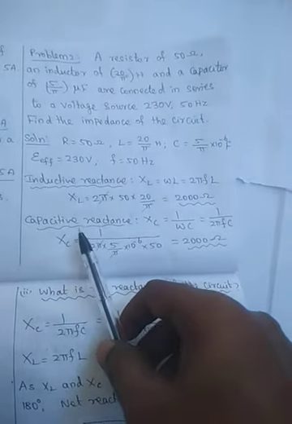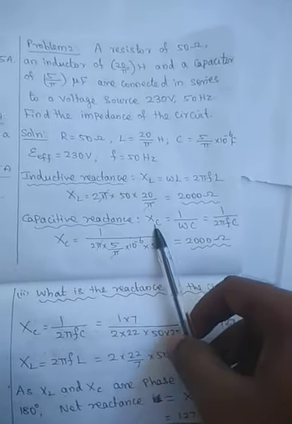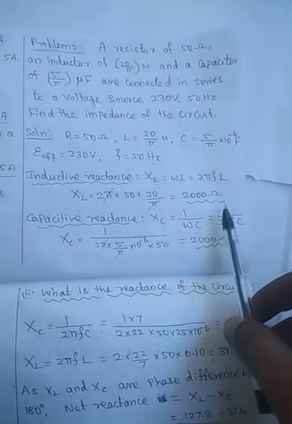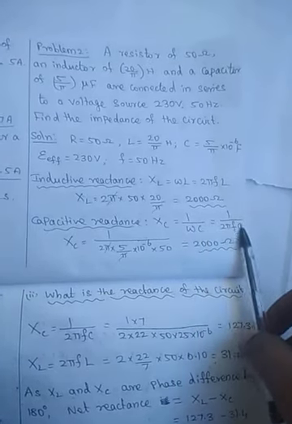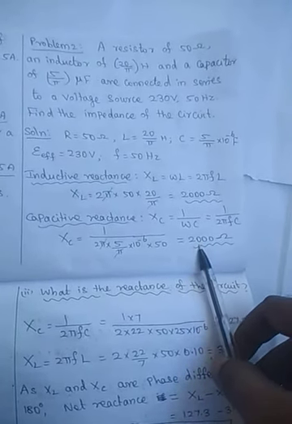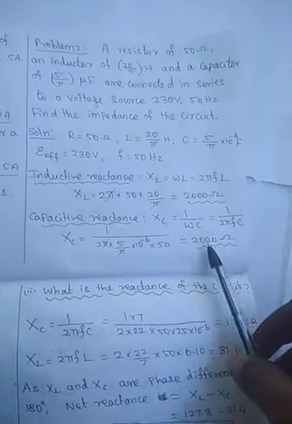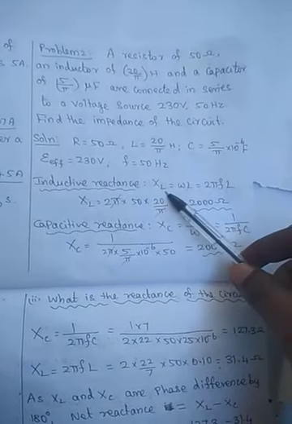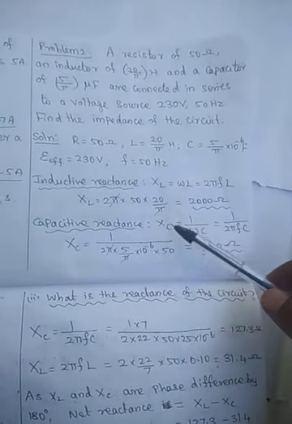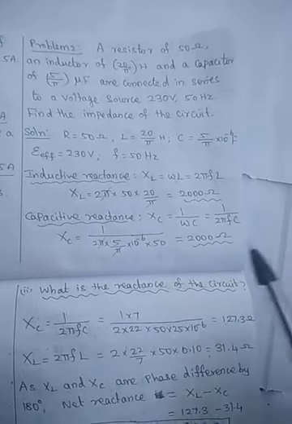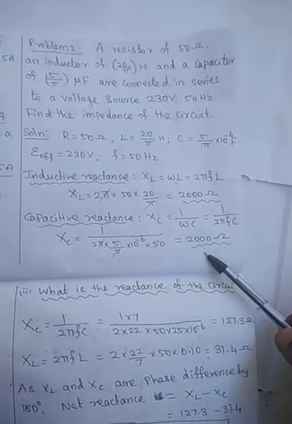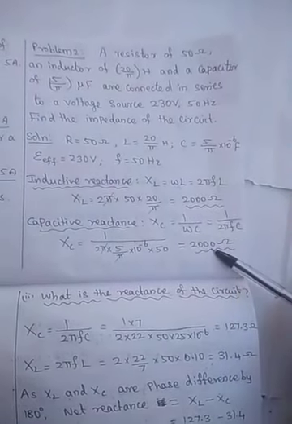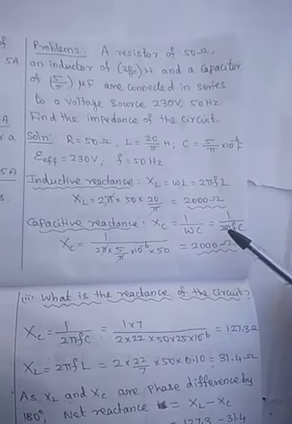Similarly, by using the formula for capacitive reactance XC, which is equal to 1 by omega C, we calculate the same value as the inductive reactance, 2000 ohm. In this case the inductive reactance and the capacitive reactance are the same, 2000. When XL is equal to XC, what is this condition? Yes, very good.